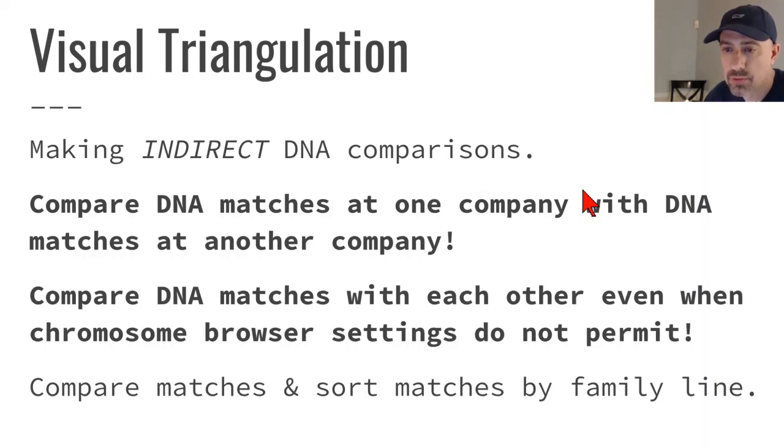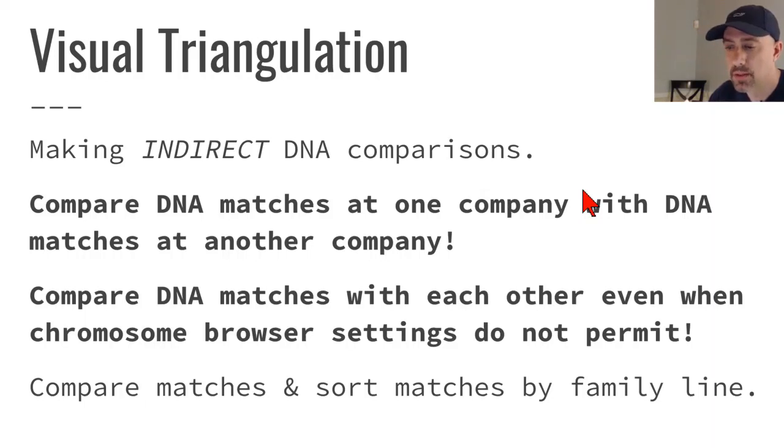And visual triangulation, being indirect, also allows us to compare DNA matches with each other even when the chromosome browser settings do not permit that. I'm thinking specifically of Family Tree DNA with that statement. Family Tree DNA has a good chromosome browser, but that chromosome browser does not allow you to compare your matches with each other.